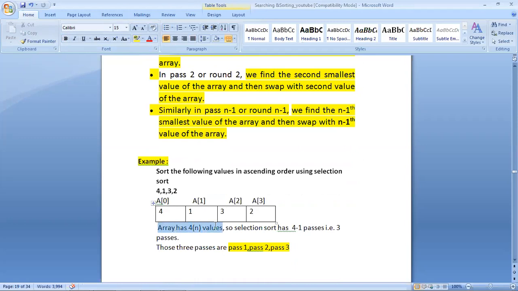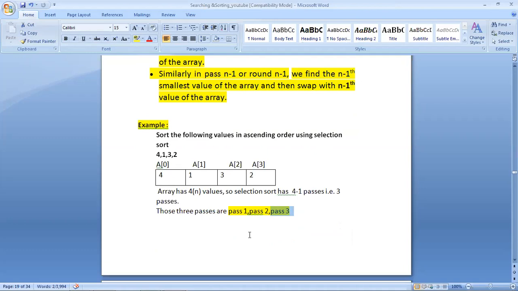Array has 4 values, that is n value is 4. So selection sort has n-1 passes, that is 4 minus 1, so 3 passes. The pass numbers are pass 1 or round 1, pass 2 or round 2, pass 3 or round 3.